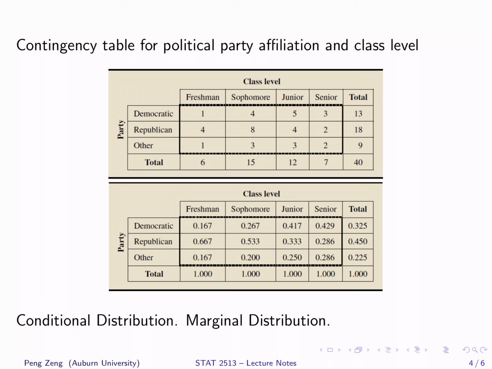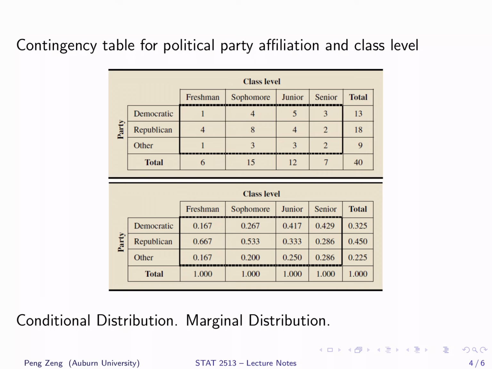Look at the row of Republican. For freshmen, the majority are Republican. The conditional probability is 0.667. As we move towards the right of the table, the conditional probability decreases to 0.286. It means a smaller proportion of students remain Republican.